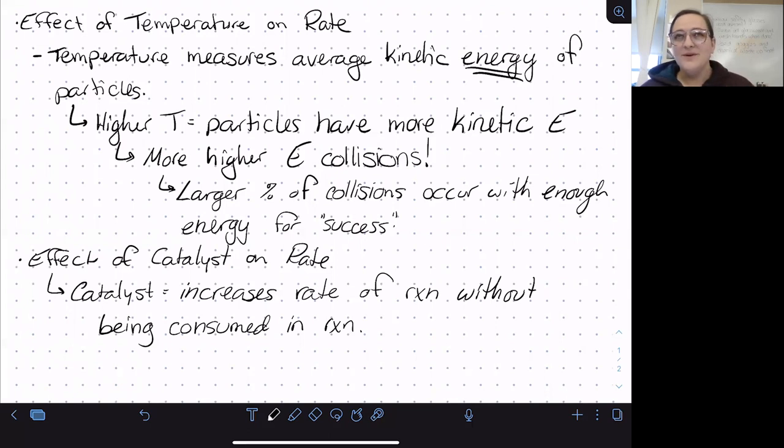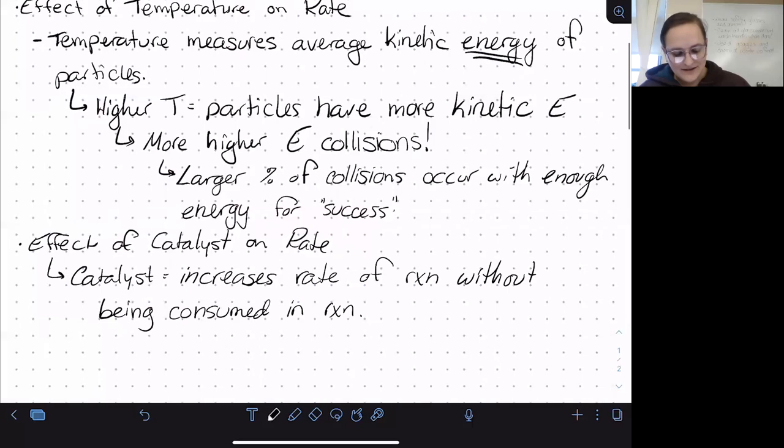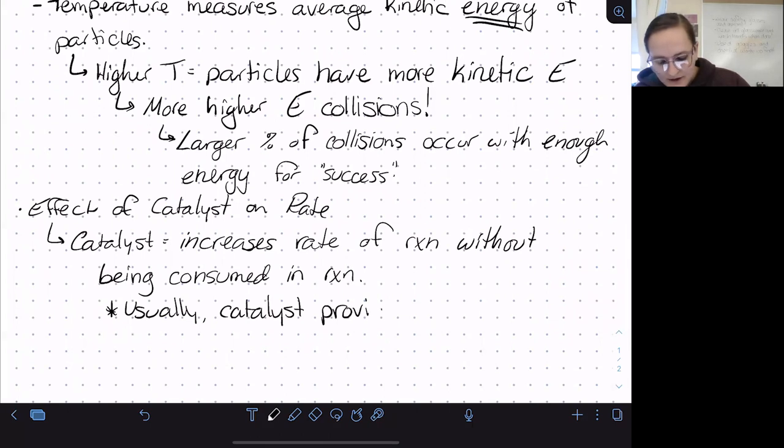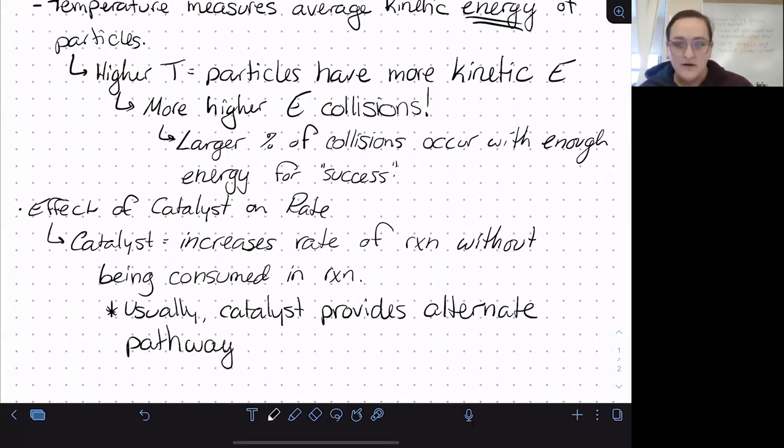There are a number of different ways that a catalyst can work. Usually, what's happening is that a catalyst provides an alternate pathway. We're going to talk more later on in the unit about what's known as the reaction mechanism, which is actually the series of steps that a reaction goes through to convert reactants into products.